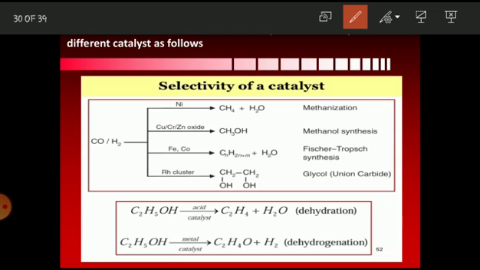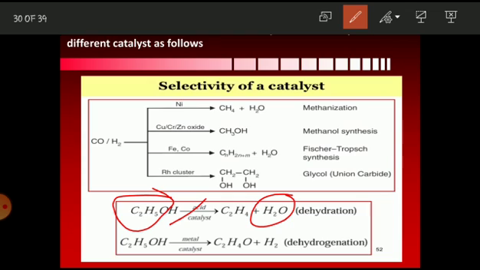But when ethyl alcohol undergoes reaction in the presence of an acid catalyst, it gives C2H4, that is ethene, and water. So it is removing a water molecule, that is called dehydration. So removal of a water molecule from the alcohol is called dehydration, and this reaction is called dehydration reaction, and this takes place in the presence of which catalyst? Acid catalyst. You can use sulfuric acid.